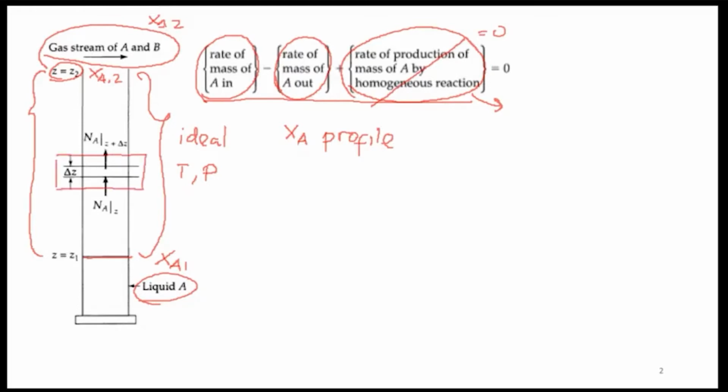So here I have NA in at Z and NA out at Z plus delta Z. So the rate of mass of A in is NA at Z times the perpendicular cross section, minus NA at Z plus delta Z, which is the A out, times this perpendicular area, equal to 0.